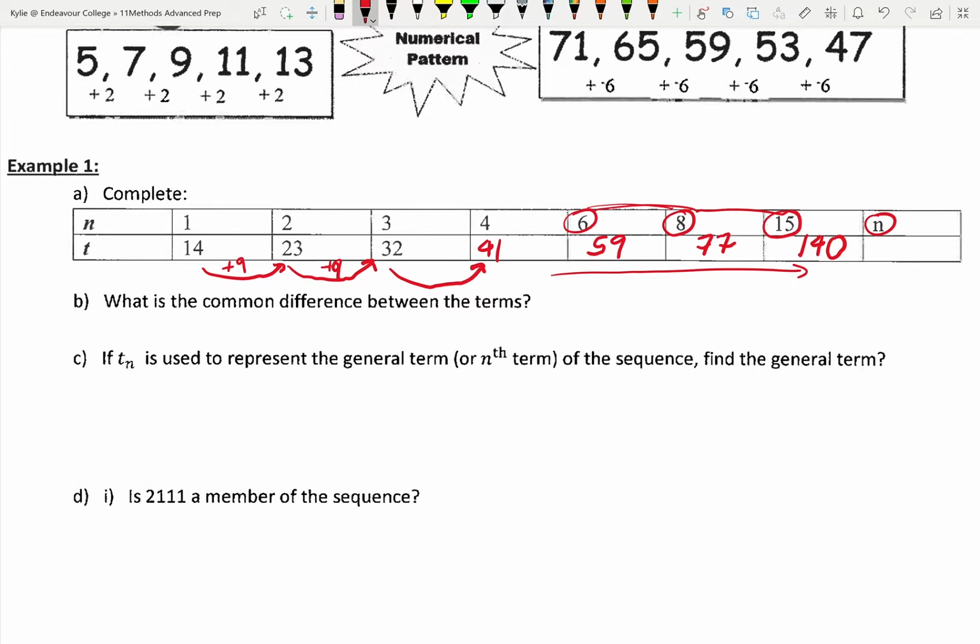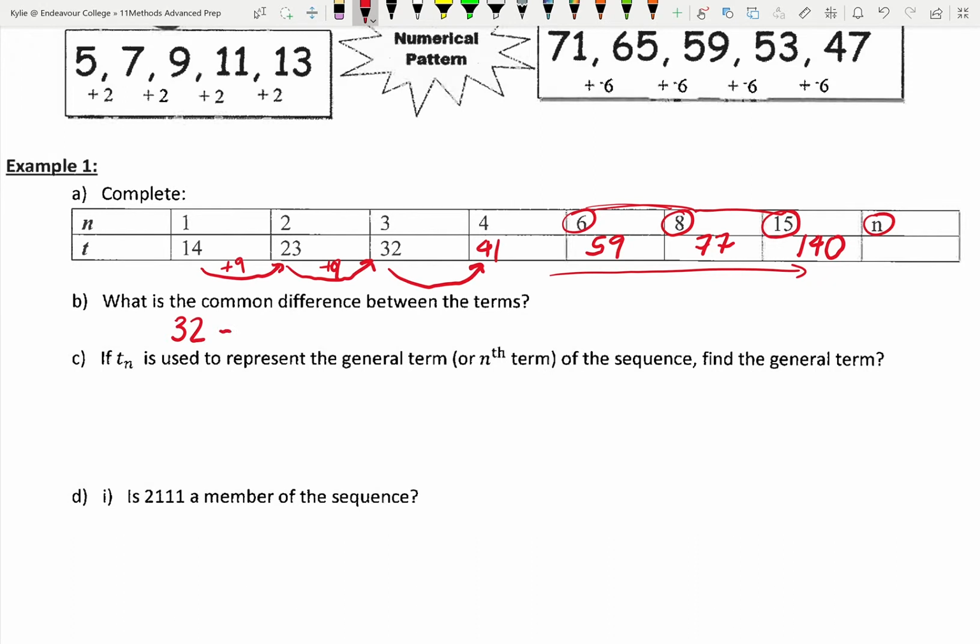The common difference is going to be 32 take 23, which is 9, and confirming, 23 take 14 is also 9. So d, the common difference, is 9. If Tn is used to represent the general term or the nth term of the sequence, find the general term.